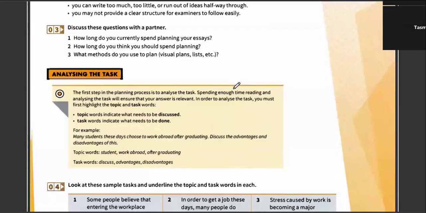After I'm done jotting all those down, now I put the points that should go to the introduction. I place the points that should go to the main body part, and then I decide which points should be included in the conclusion. In this way, your whole essay is structured. It has all the information that should go in each of the paragraphs. So while you are writing, you don't run out of ideas.